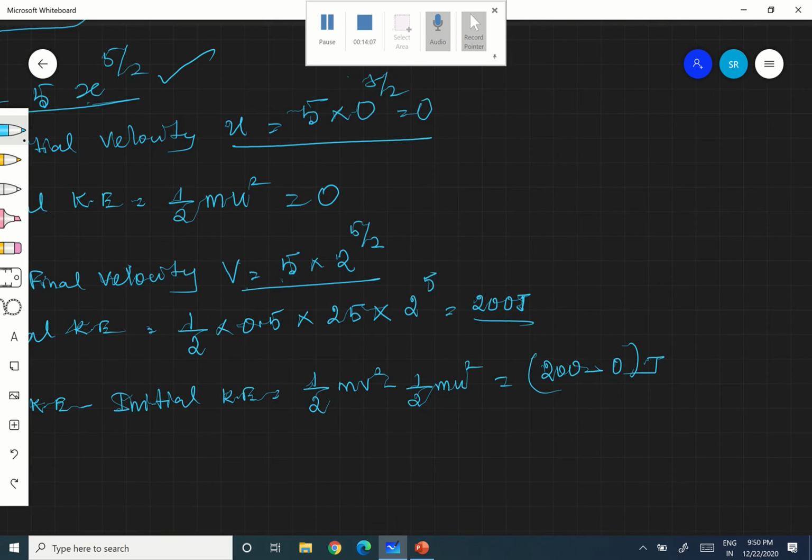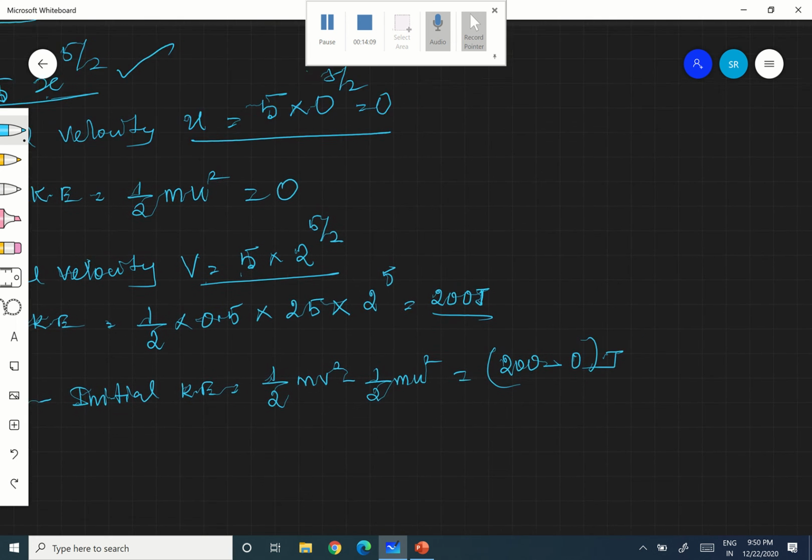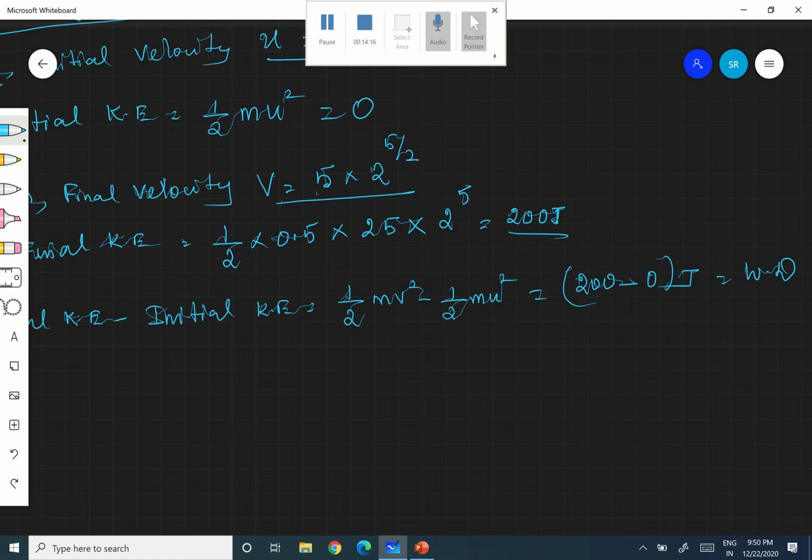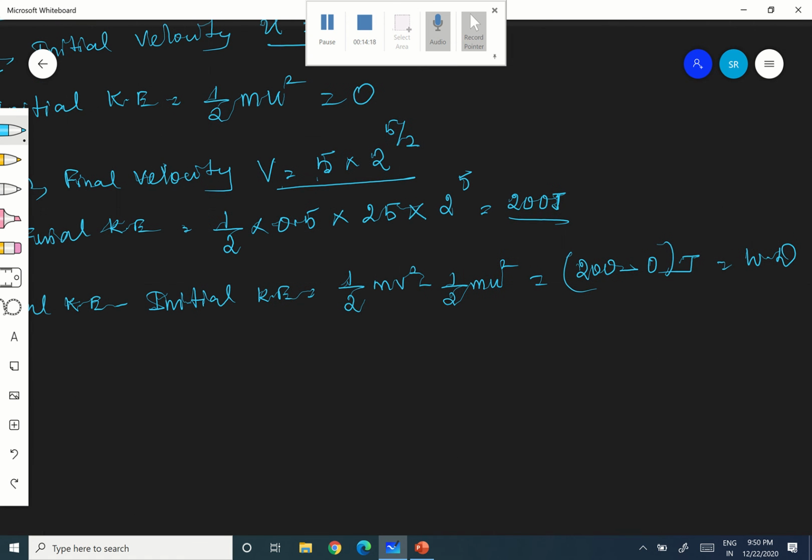And that is nothing but the change in kinetic energy, which is the work done. You are asked for work done only. That is nothing but the work done by the work-energy principle. Therefore, W is here nothing but 200 joules. That's it. Clear? Right. Next one.